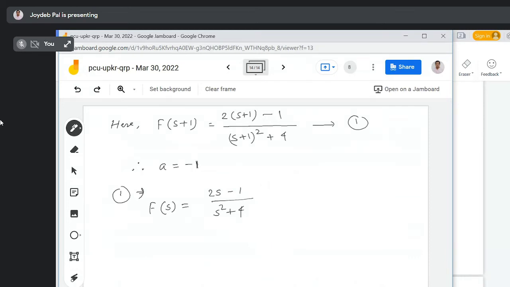Any doubt? बोलो कुछ डाउट है? देखो, अगर कहीं पे कुछ डाउट है तो पूछो. मुझे डाउट नहीं, थोड़ा कंफ्यूजिंग है. कॉन्फ्यूजिंग क्या है?